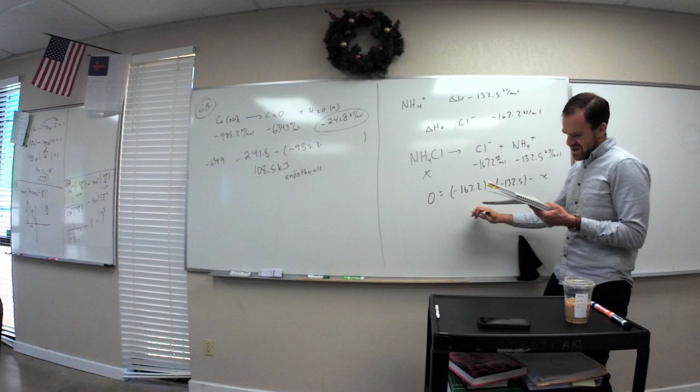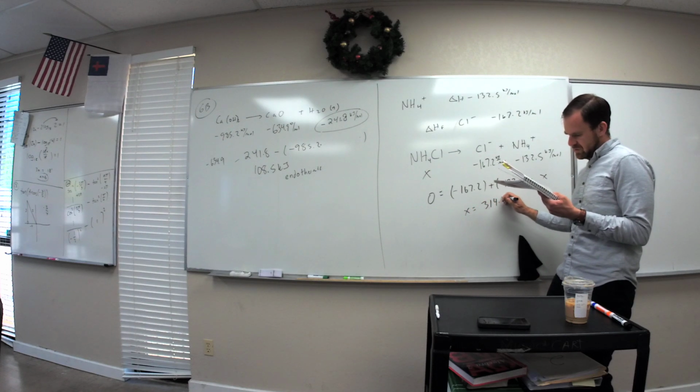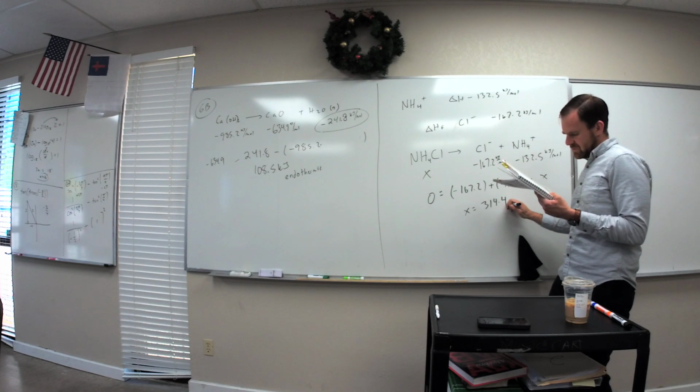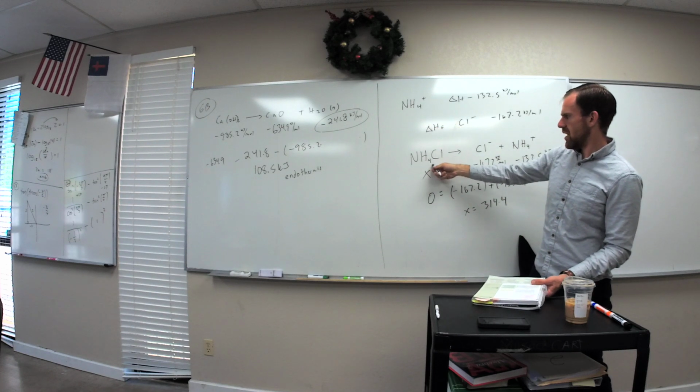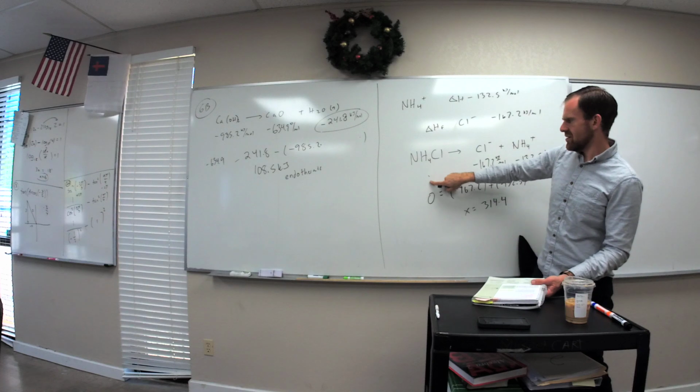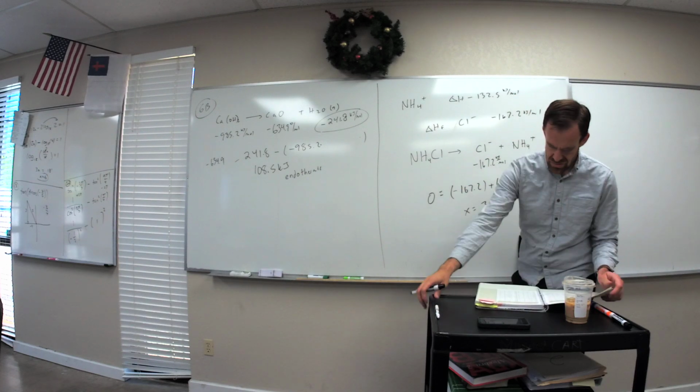So x equals that, which is, am I wrong? I'm wrong. You have to look up this guy. So what is the delta H of that? Go to the table.